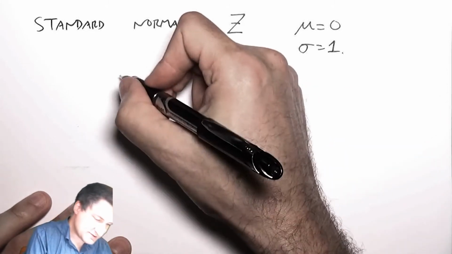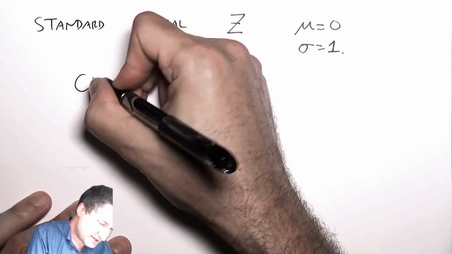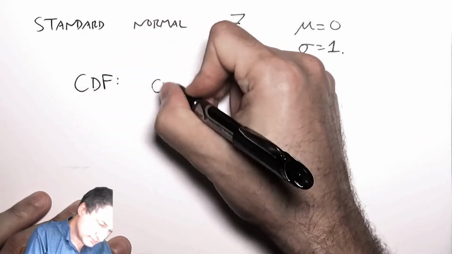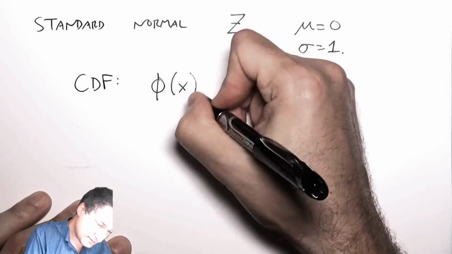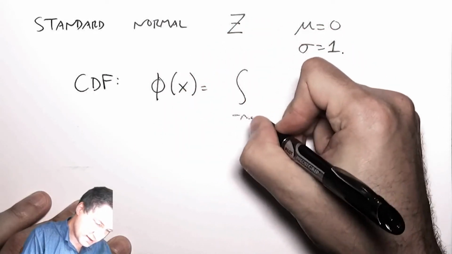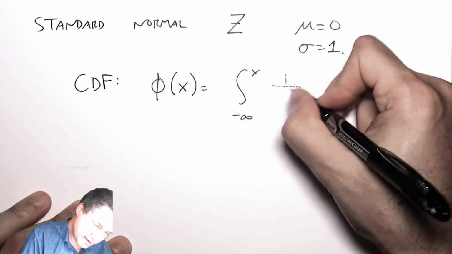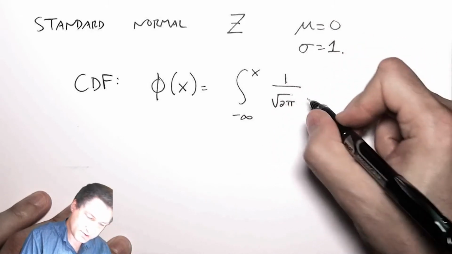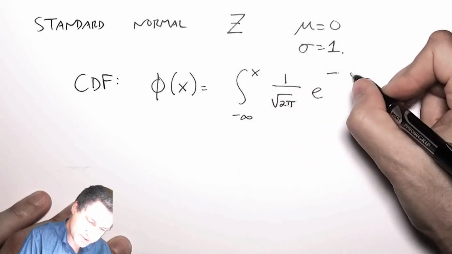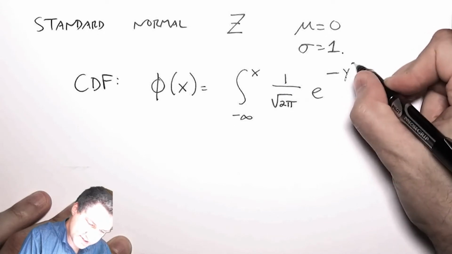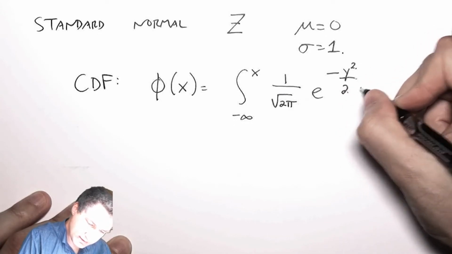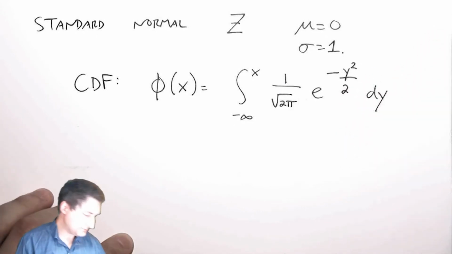Okay. So what is the CDF for that? The CDF for that, we're going to give a special symbol called phi, which is just the integral of the PDF for the standard normal. Sigma is equal to 1, mu is equal to 0. So things take a particularly easy form, right?